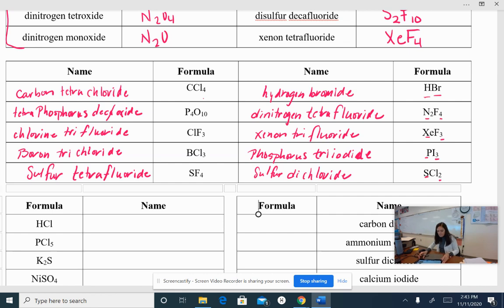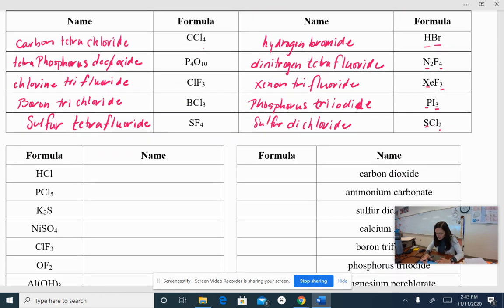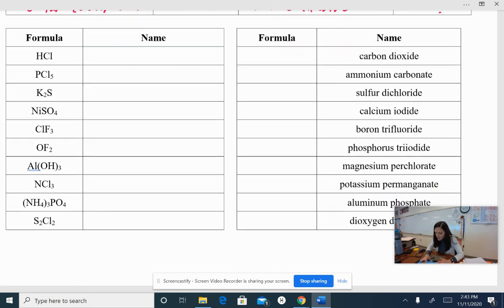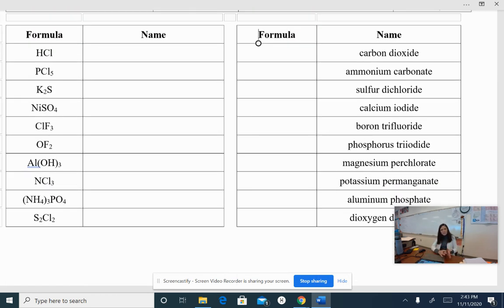Guys doing okay? Now this next section is a little bit more challenging because I have mixed up ionic compounds with covalent compounds. So the first thing you have to do is look at that first element and decide, is that first element a metal?